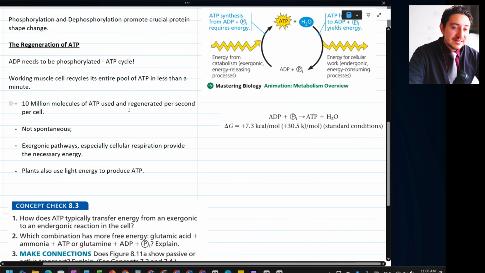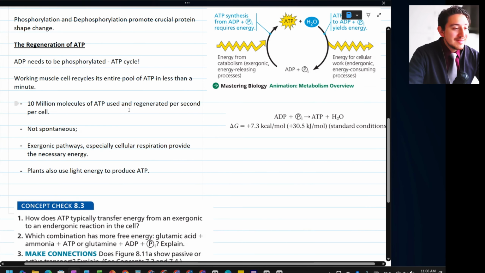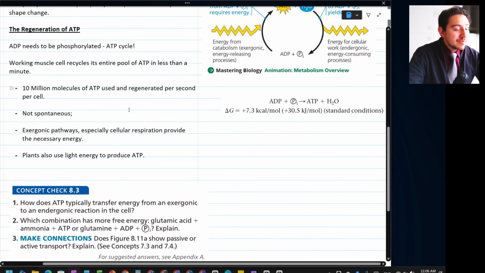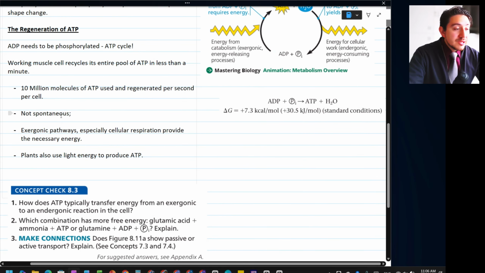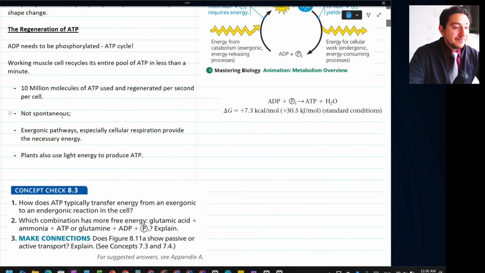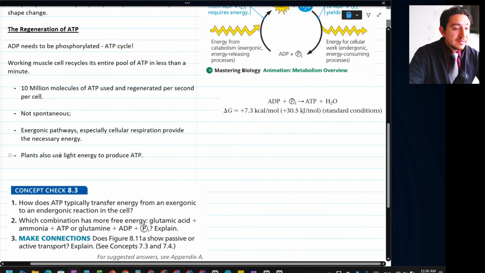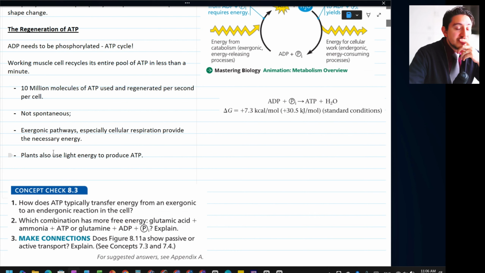That's how fast our cells work. It's mind-blowing. So again, re-energizing ATP is not spontaneous. Yes, there are exergonic pathways, especially cell respiration, that provide the necessary energy. But you need energy to give ATP its energy back.